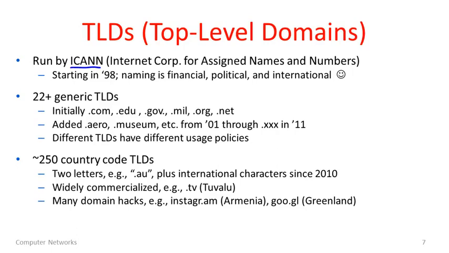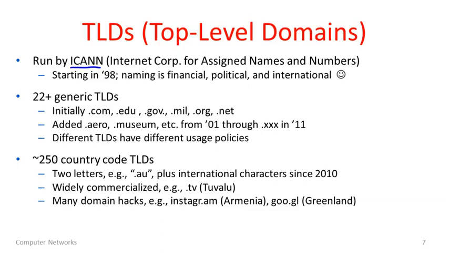Naming, it turns out, is a very financial, political, and international topic. Everyone gets very involved in it. And particularly as the internet began to transition from an American institution, an American administered institution, to a worldwide international asset, some of the administration became a little more general with ICANN serving as the body.